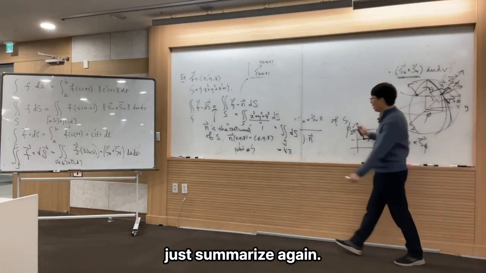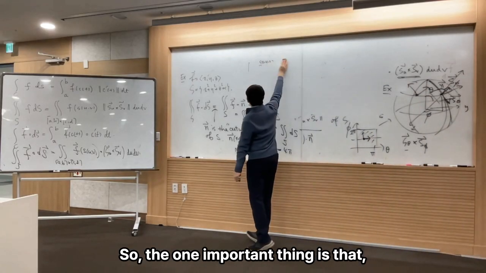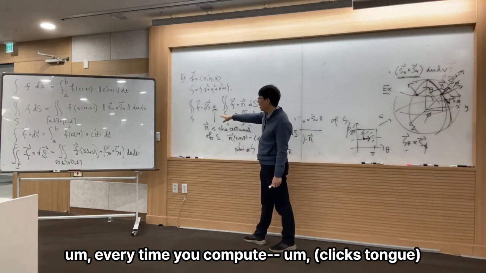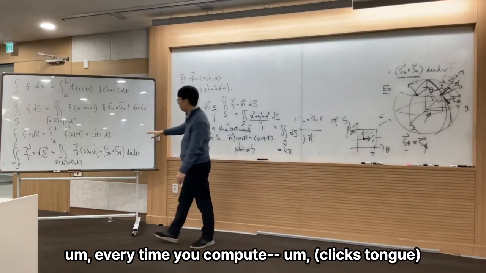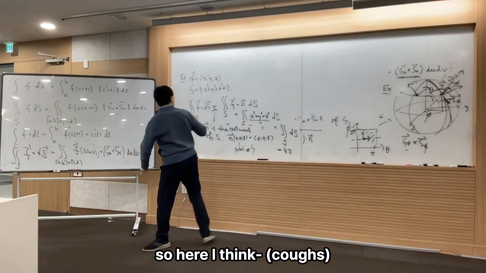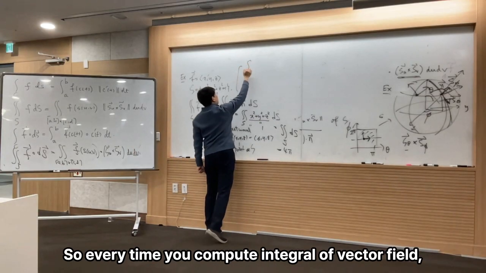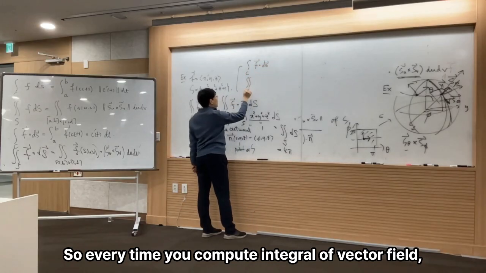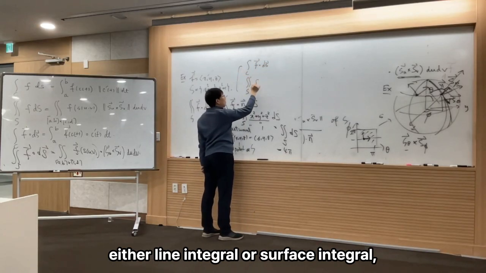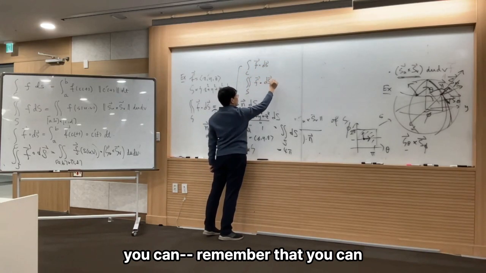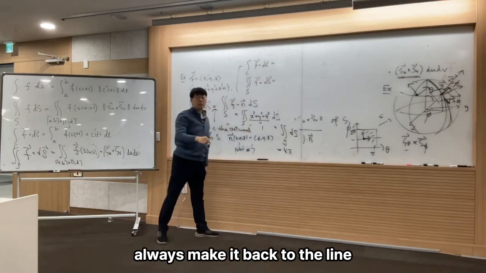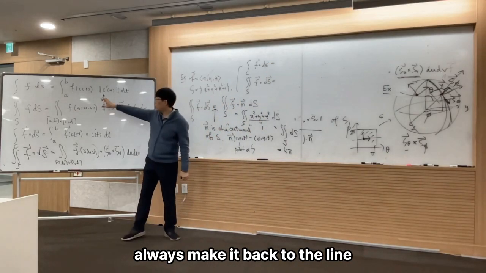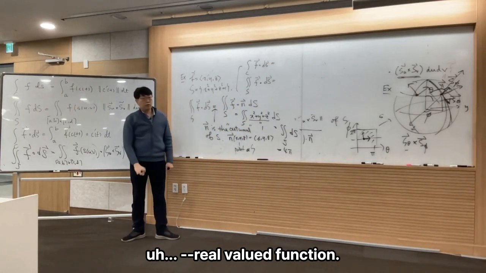Just to summarize again, one important thing is that every time you compute an integral of a vector field, either a line integral or a surface integral, you can always make it back to the line or surface integral of a real valued function.